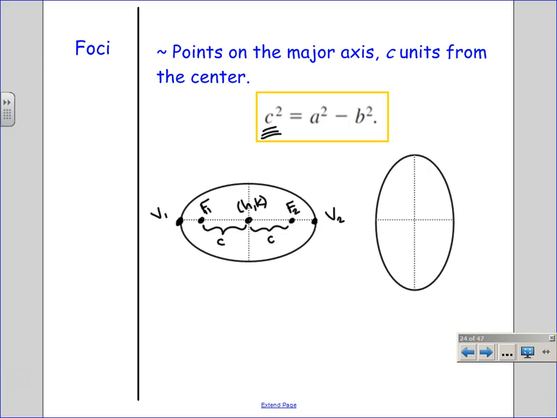It's the center. So if this is my vertex, and if this is my vertex, where's my focus? Inside. And how far is that focus going to be? C.